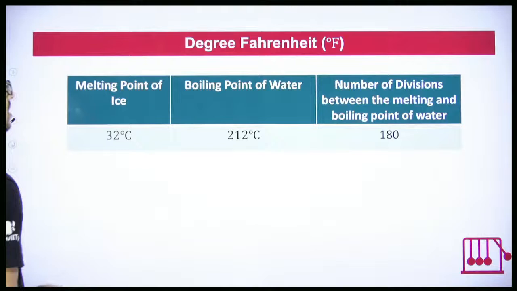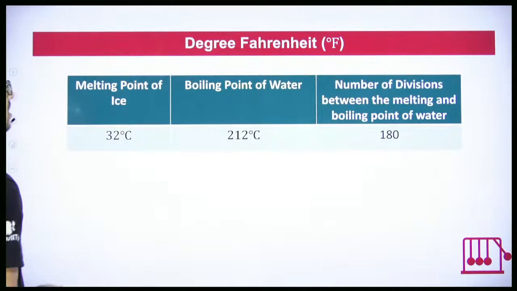You have to subtract the melting point of ice from the boiling point of water: 212 minus 32. Do it, everyone. What will you get? 180. 2 minus 2 is 0. You have 1, 3, so 11 minus 3 is 8. 2 becomes 1. 180.